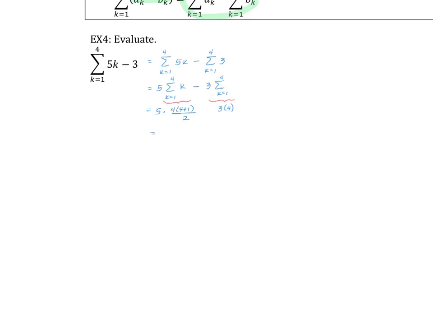So the 4 times 5 would be 20, over 2 is 10. And this is 5 times 10, which is 50, plus 12, which would be 62. So again, we can just use all those properties of summations to break things up into smaller and smaller pieces.